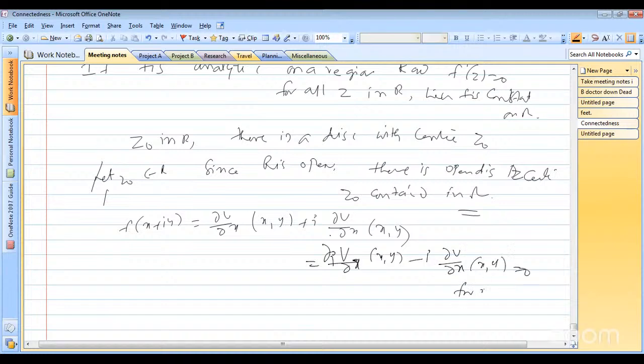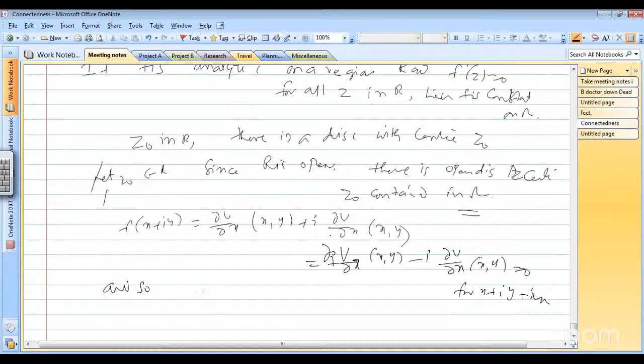So the value is 0 for all x plus i y in R that we are taking here, so therefore f is constant on R.